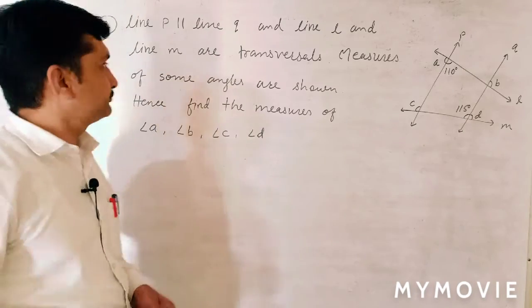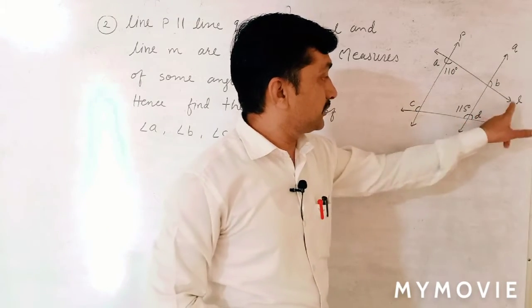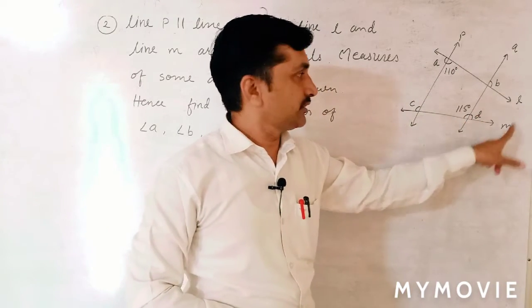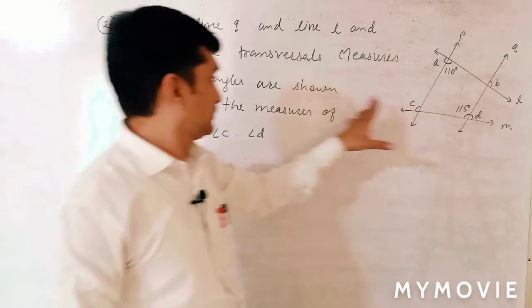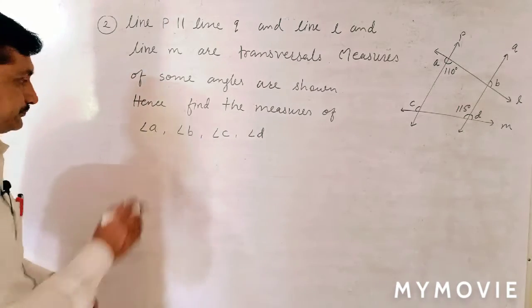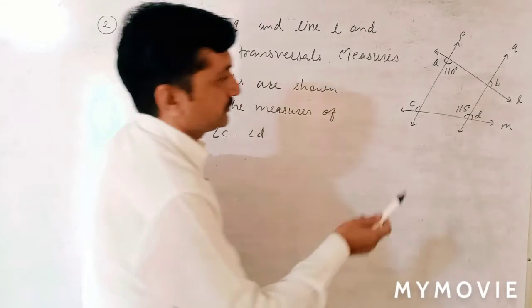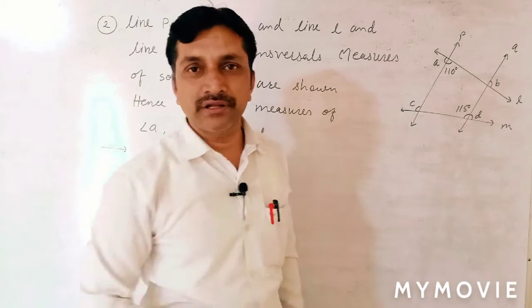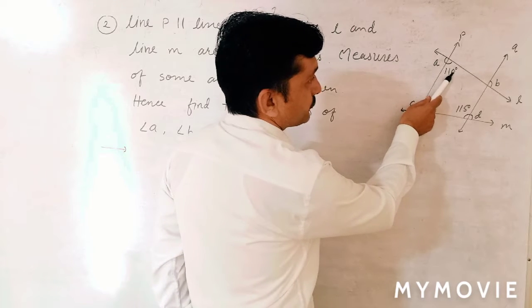Question number 2. P and Q are parallel. L and M are their transversals. L, M are not parallel. P, Q are parallel. L, M are their transversals. Find the measures of the given angles. Now here we have to find A, B, C, D. For that we want relations. Now first you see, we want A. Here an angle is given.